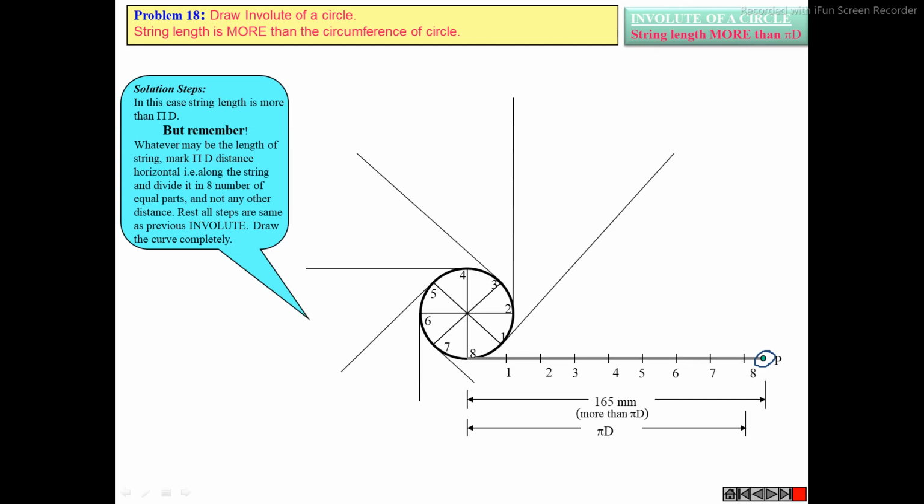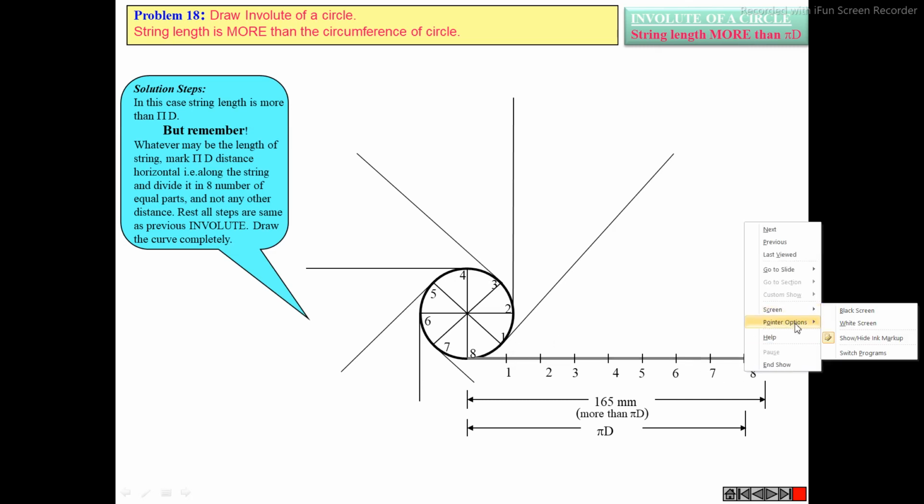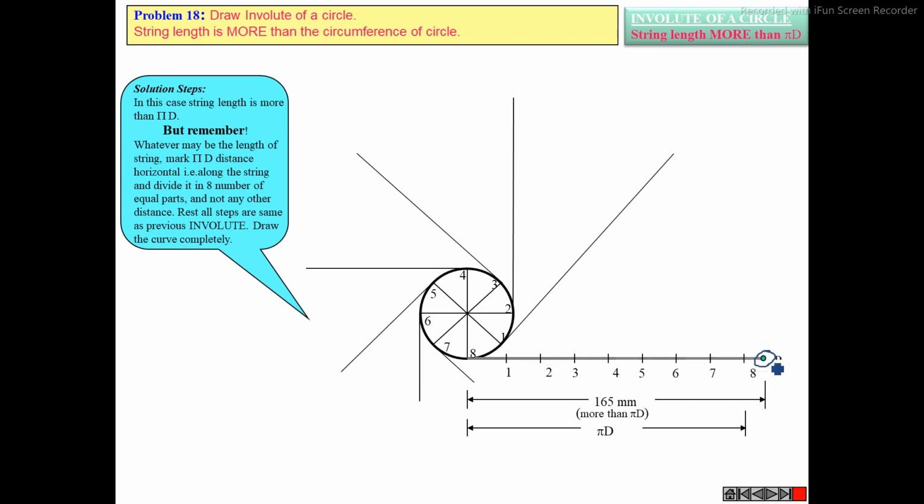So we got the first locus point of involute, that is this point. We need to get the second locus point of involute, which is point P1, and where will I get it? On the tangent line passing through point 1. So how will I get that point P1?